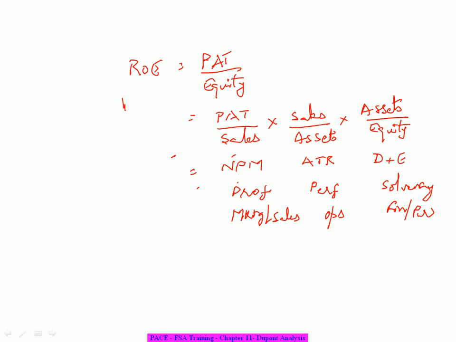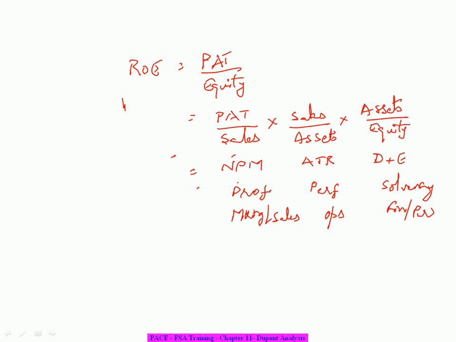The multiplication of the three numbers will be highest when all three numbers are the highest. Because it's a multiplication of the three, the whole ROE will be higher when the three individual ratios are higher.